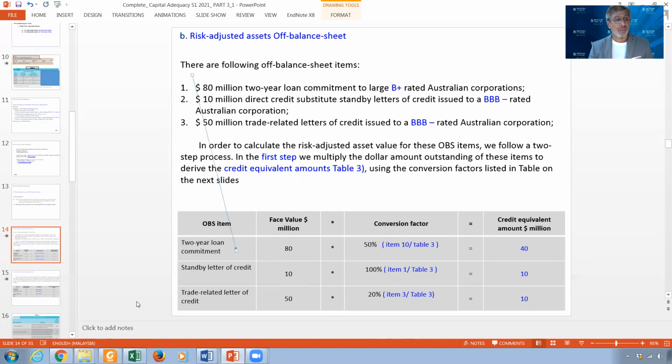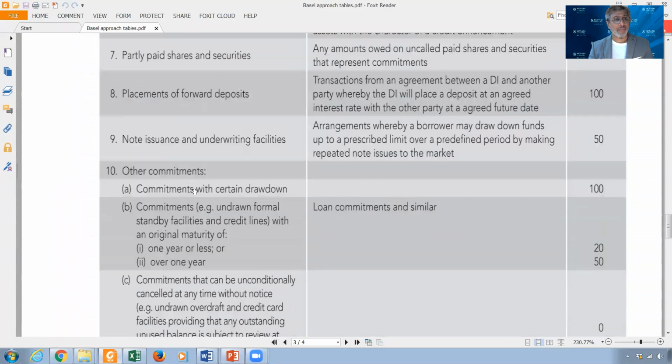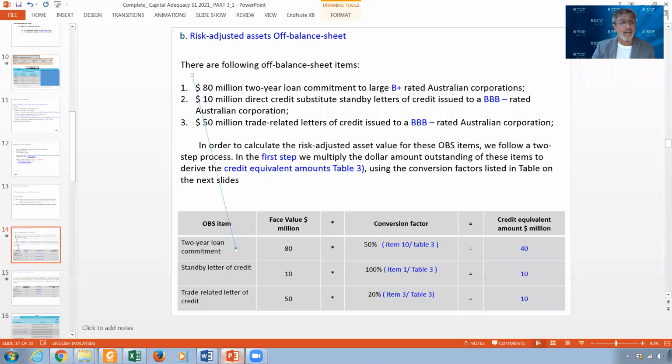So I have to go to commitments, which is item number 10. And commitments, it's long commitments. We have 1 year or less, and we have over 1 year. And this is for the standby facilities. So if it is over 1 year, we will use 50%, less than 1 year, 20%. What about ours? Ours is actually 2 years. So for sure, I take the 50%.